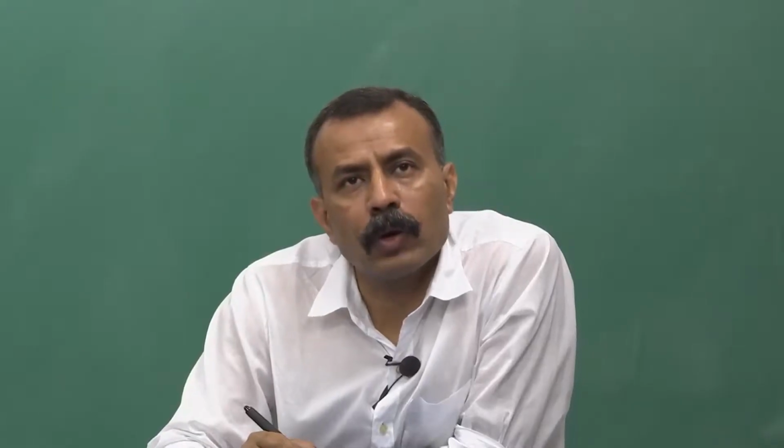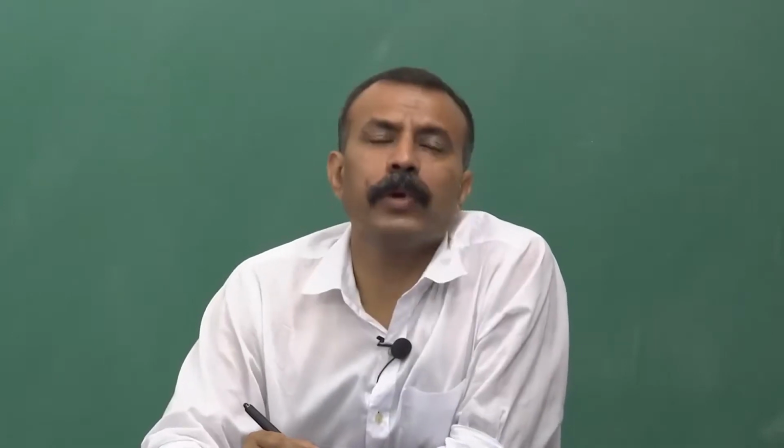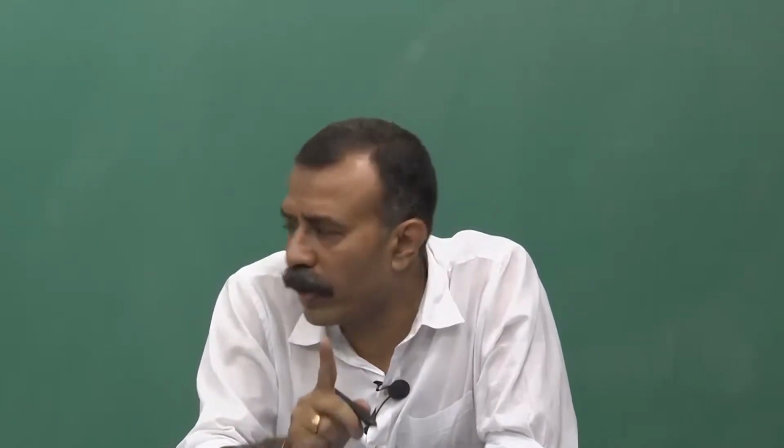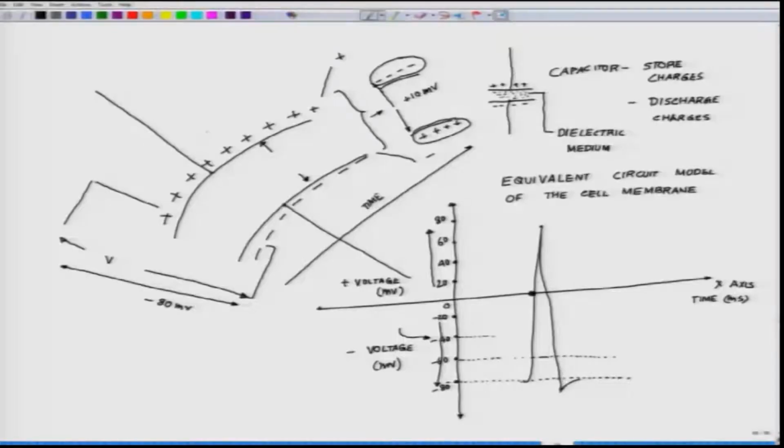That can only happen if for a very transient period of time, now mark my words very carefully, from this sea of positively charged carriers, a huge population of positively charged carriers drift on this side, very transiently.